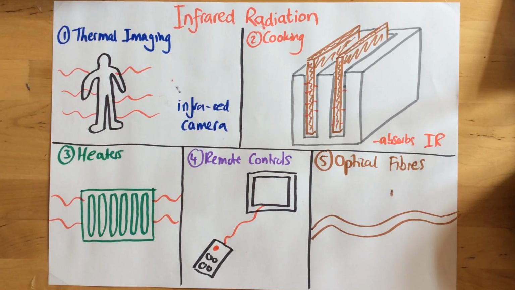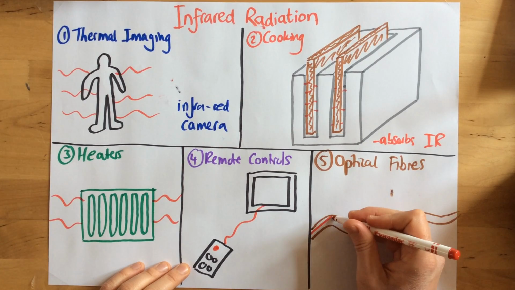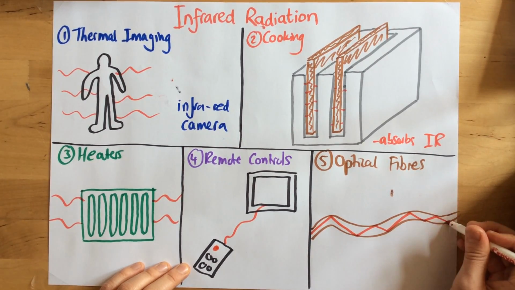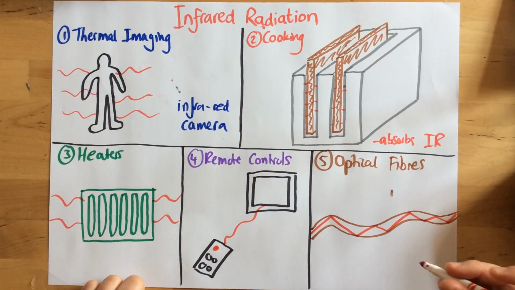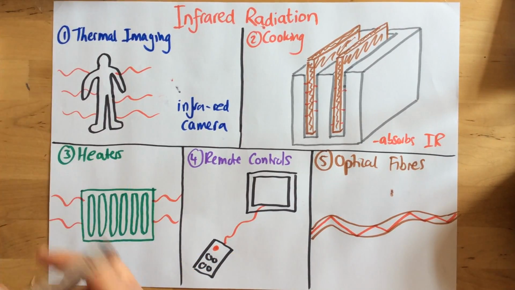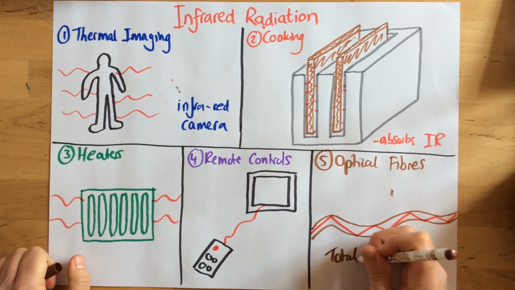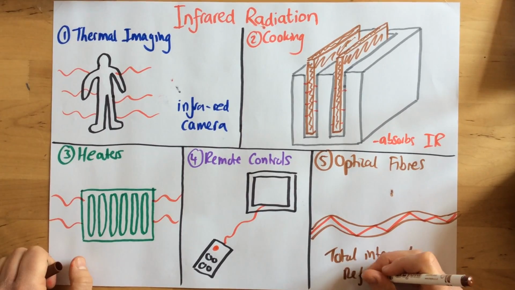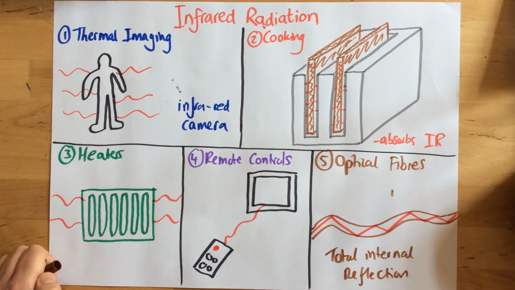They carry the data over long distances. What happens is the infrared travels along the optical fibre using a process referred to as total internal reflection. And you can learn more about that in another video.